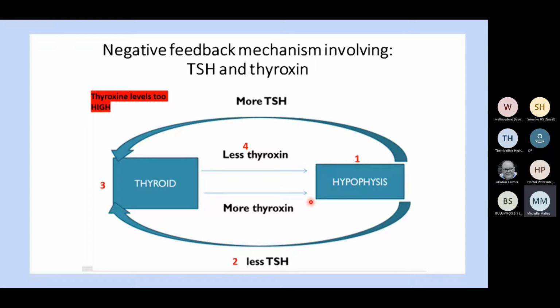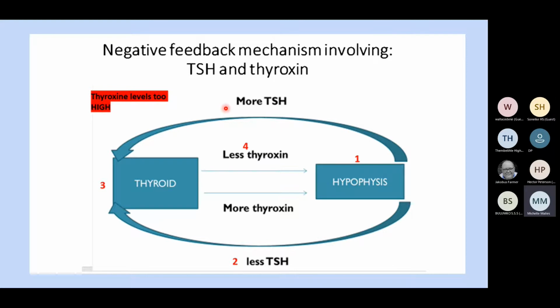Now, you have a diagram on page 18. We're going to look at it twice. You also have a table there. Your flow diagram is talking about how negative feedback mechanisms involve TSH and thyroxine, thyroid stimulating hormone and thyroxine. Now, if there's an imbalance, grade 12, I want you to take your pencil and your pen and follow the numbering.